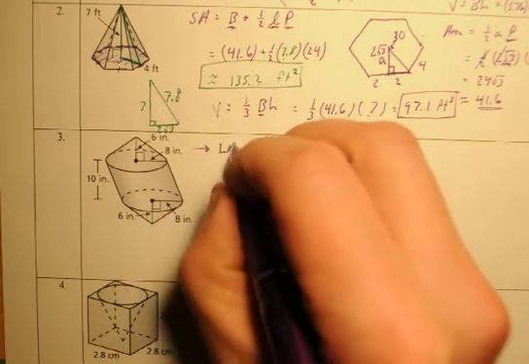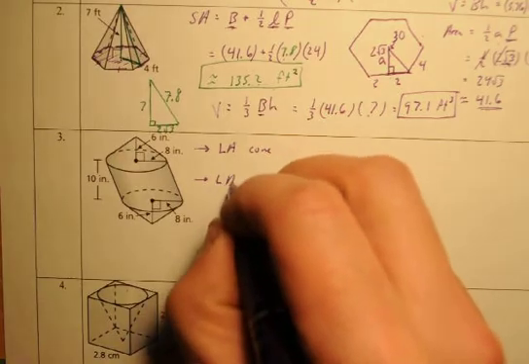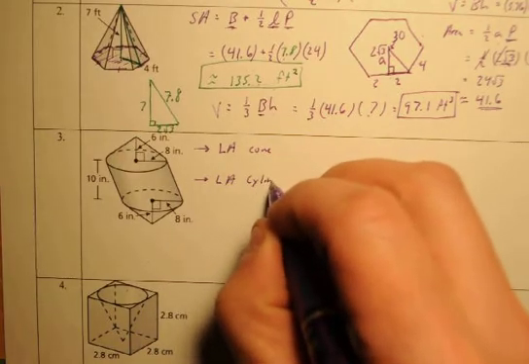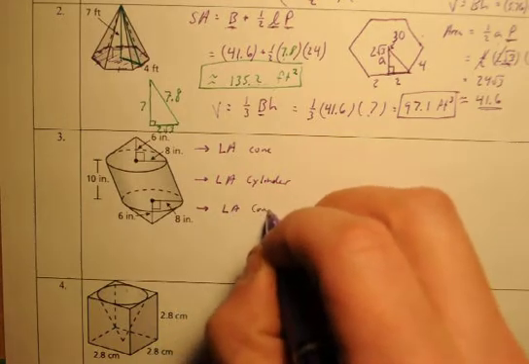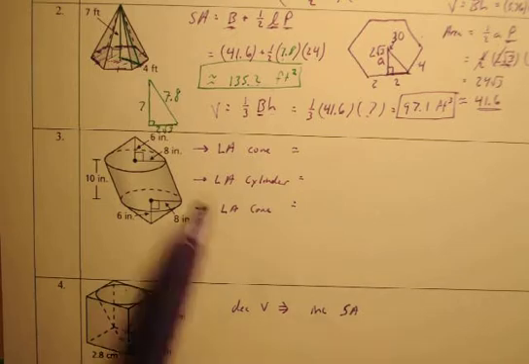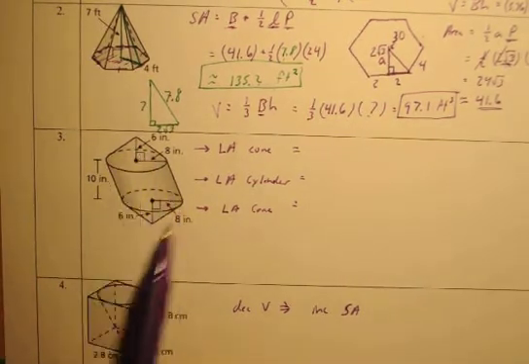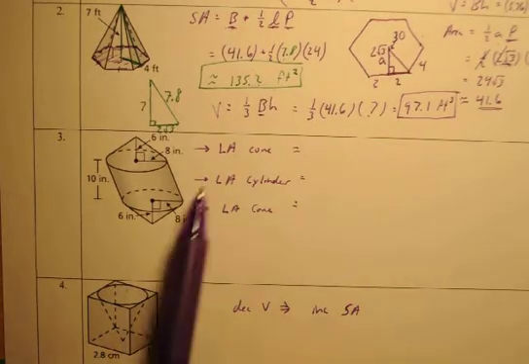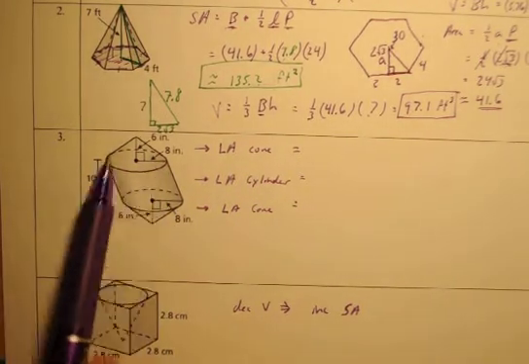We're going to do the lateral area of a cone plus the lateral area of a cylinder plus the lateral area of another cone. 3 pieces as far as surface. We're going to paint this cone part, we're going to paint the cylinder part, we're going to paint the cone part. Lateral area, lateral area. We don't want surface area, we don't want to count these circles.